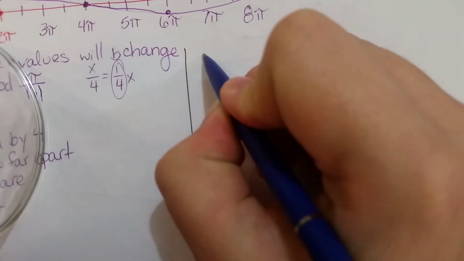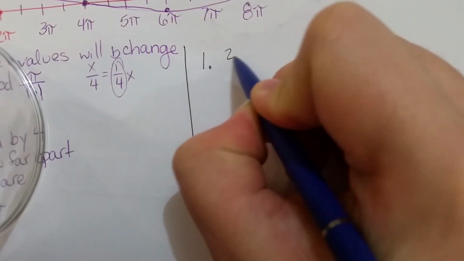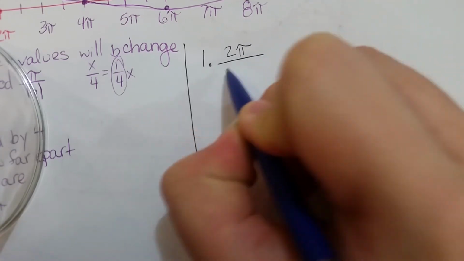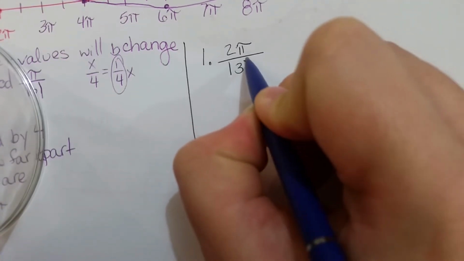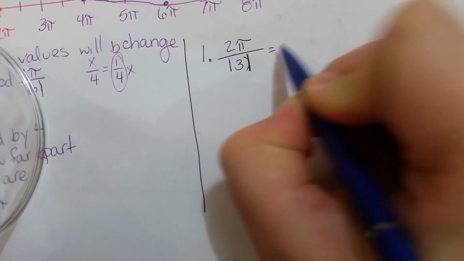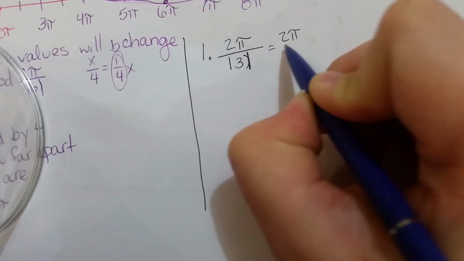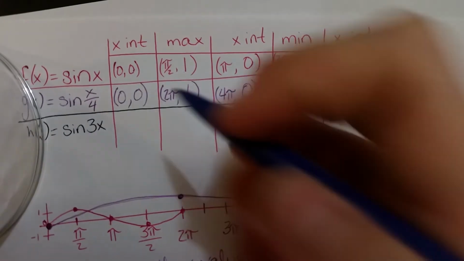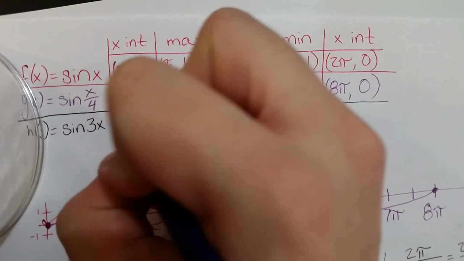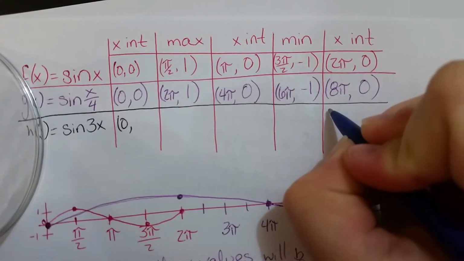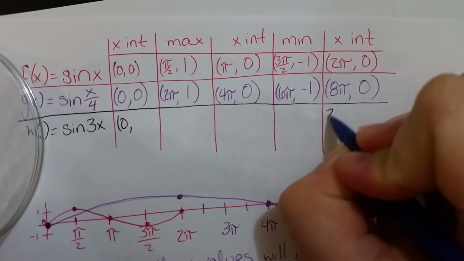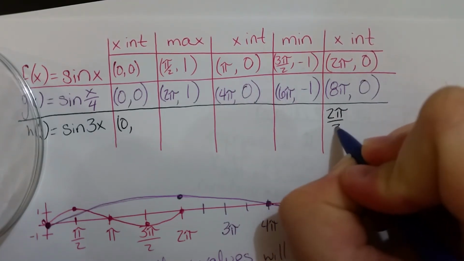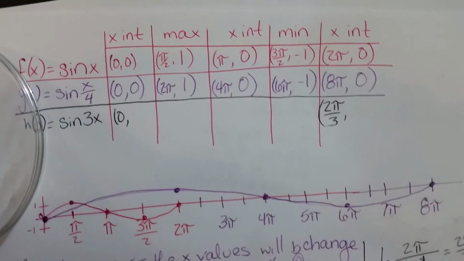To calculate the period, I'm going to do 2π over the absolute value of 3, and I'm going to get 2π over 3. So basically the starting point is 0, but the ending part will be 2π over 3. Okay?